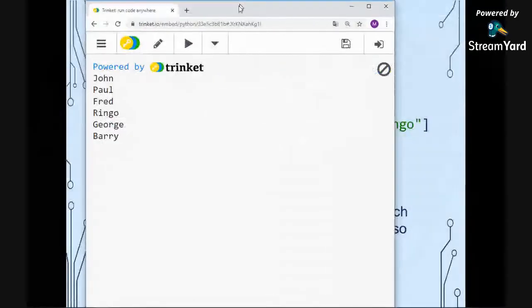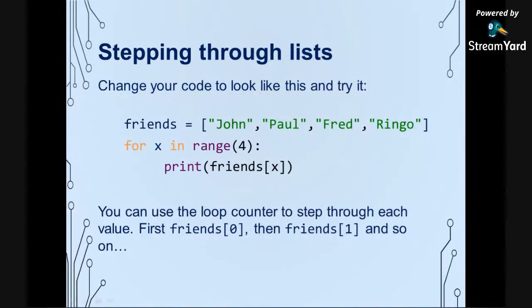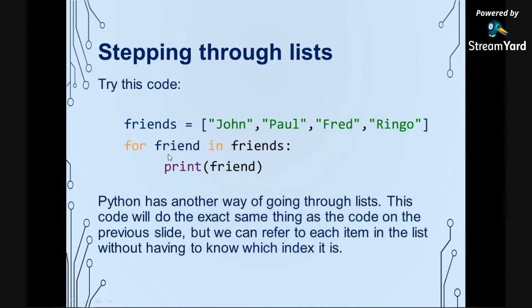So that's one way of doing it, but there's actually a slightly easier way as well, and I'll go on to this next slide to show you what I'm talking about. So what you can do is say for friend in friends. Because friends is a list, this is like saying for X in friends, and it's just going for each item in my list.